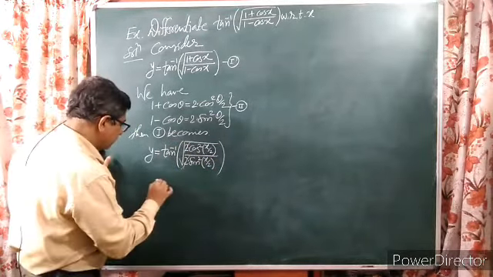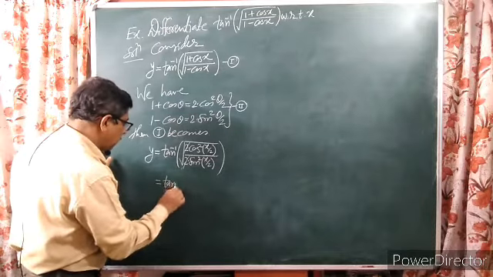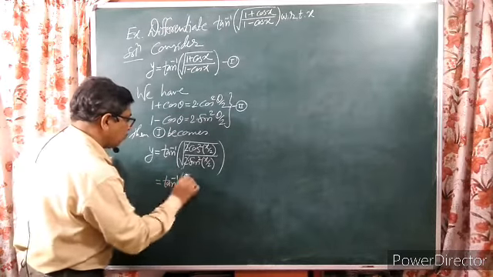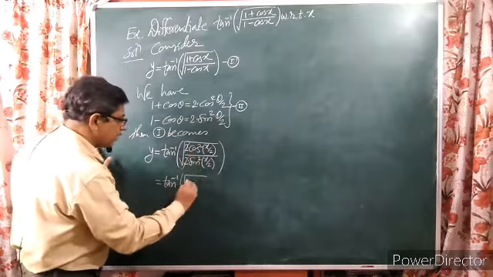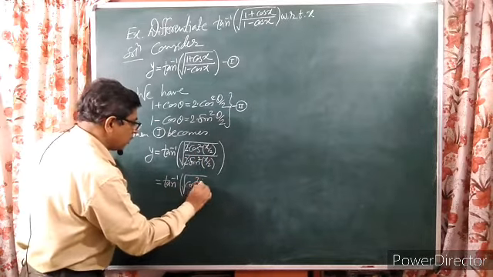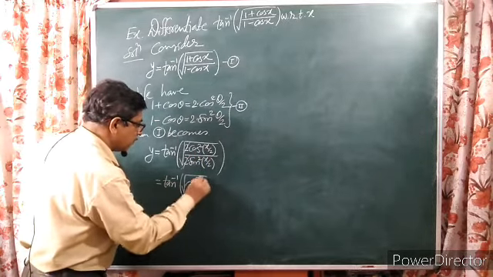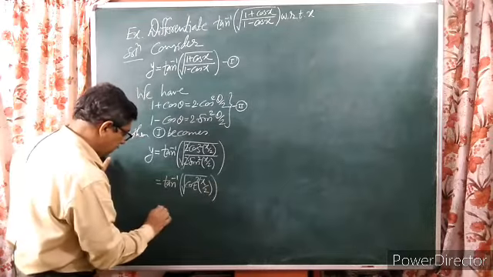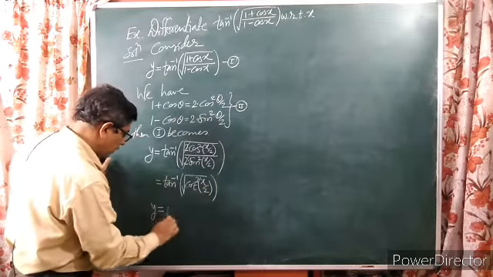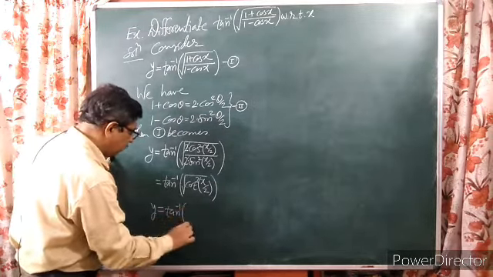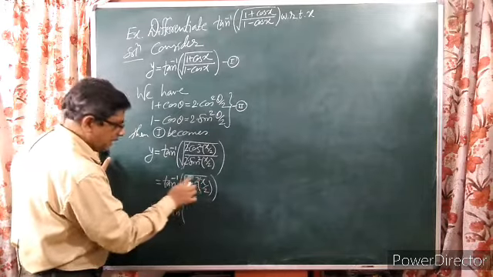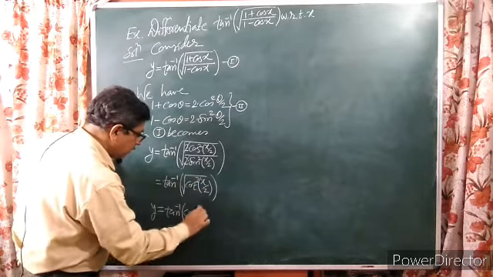And so we are getting tan inverse of root of cos square upon sin square, which is cot square of x by 2. And now root and square get cancelled and we are getting y is equal to tan inverse of cot of x by 2.